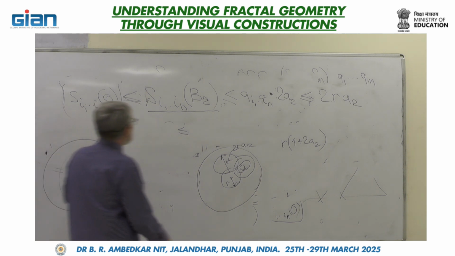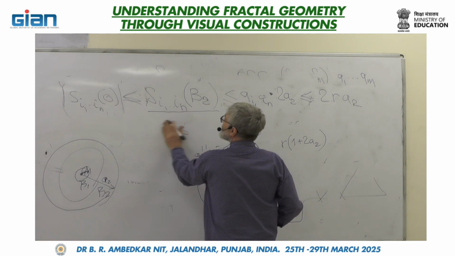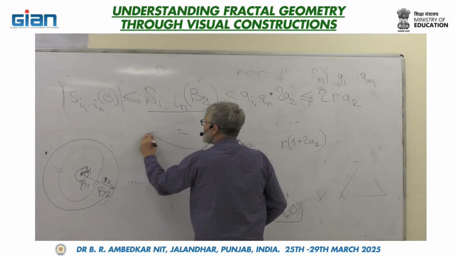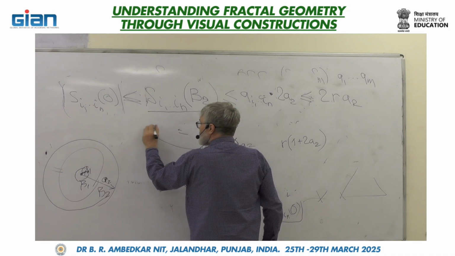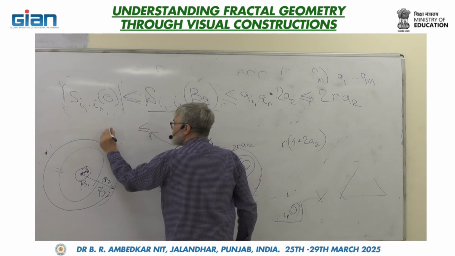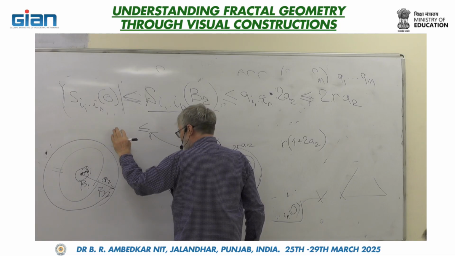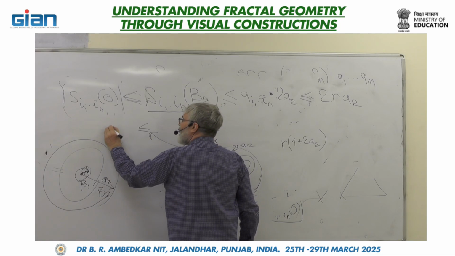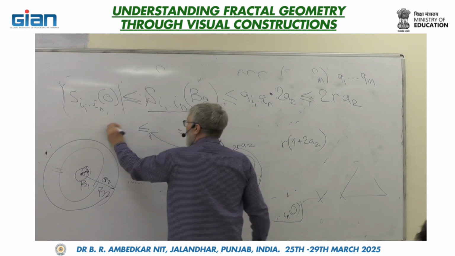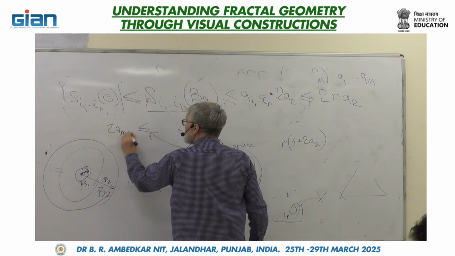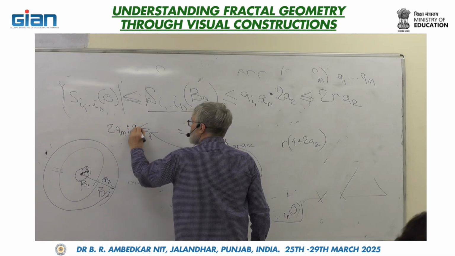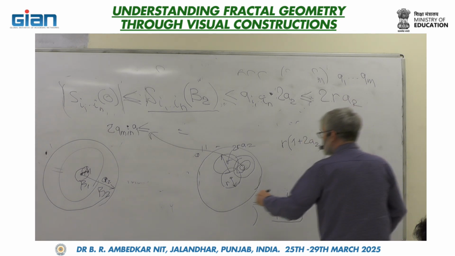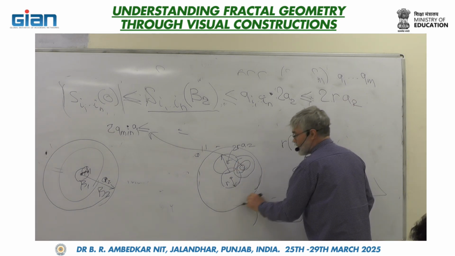So this radius will be greater or equal than R Q minimal multiplied by A1.